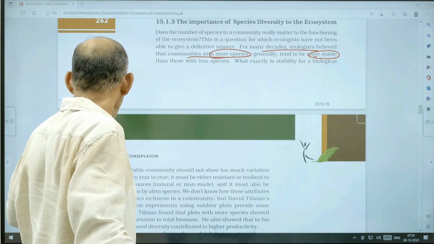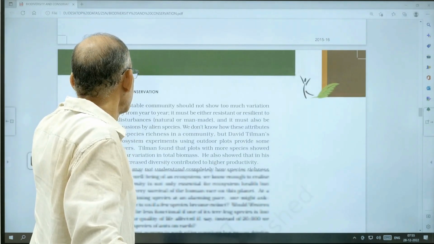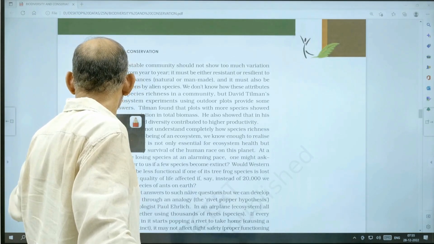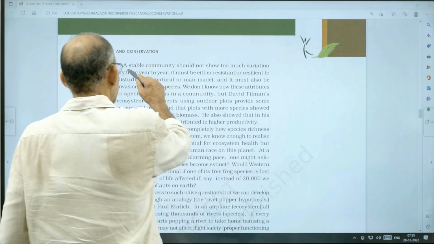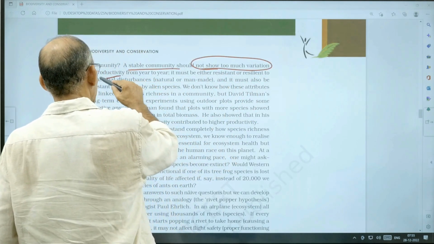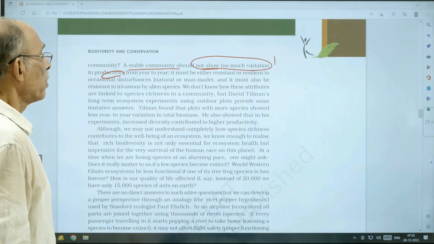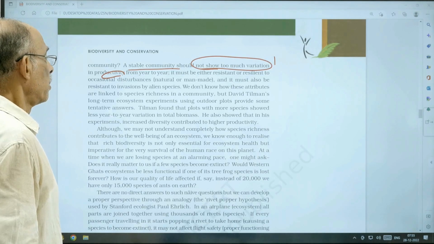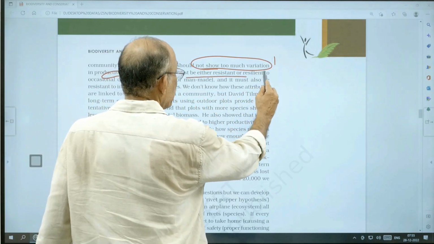Now, what is meant by stability? When a community becomes stable, it should show 3 conditions. A stable community should not show much variation in productivity from year to year. This is the first condition. The second condition is that it must be resistant or resilient.